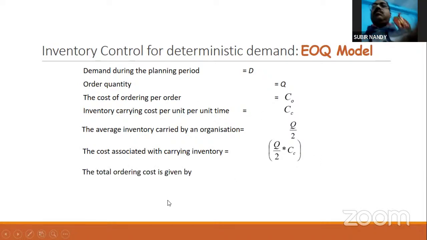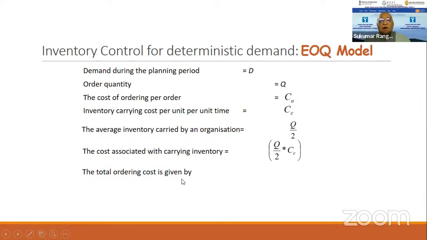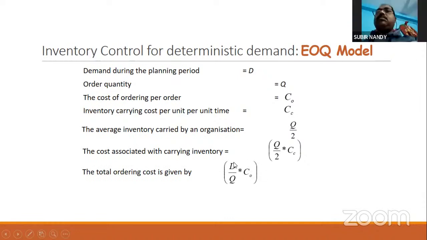Right. Then the total ordering cost is given by D by Q, demand divided by the order quantity, into the cost of ordering. It's a no-brainer.